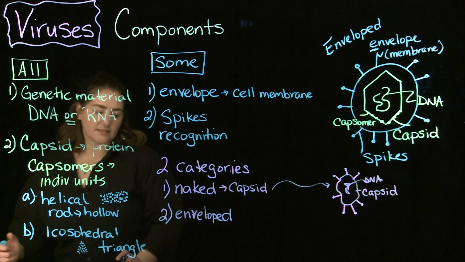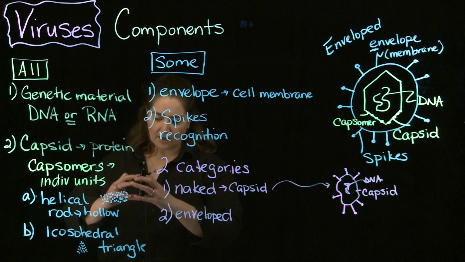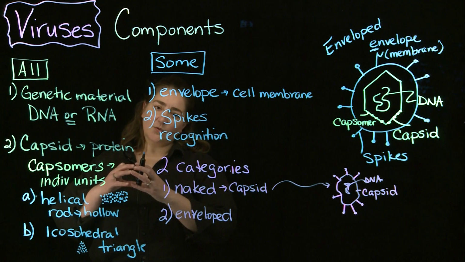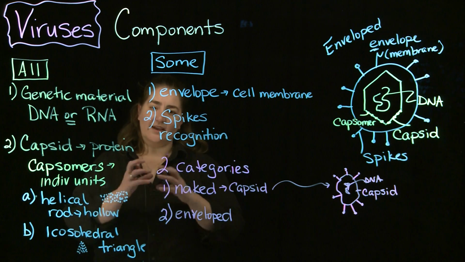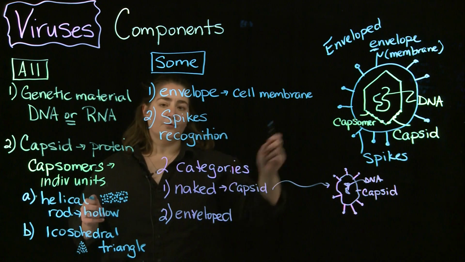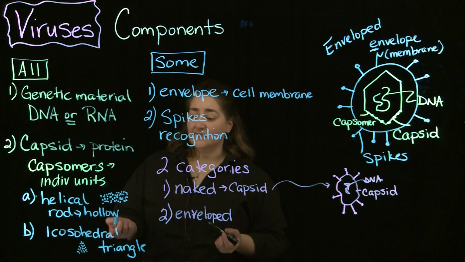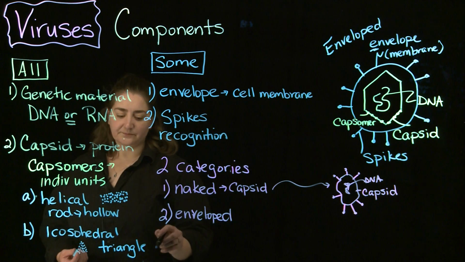Typically you've got 20 or so of those triangles that come together to form the capsid.